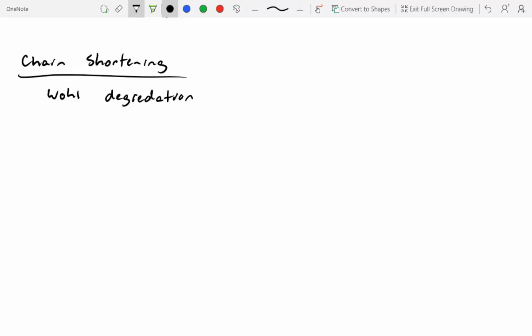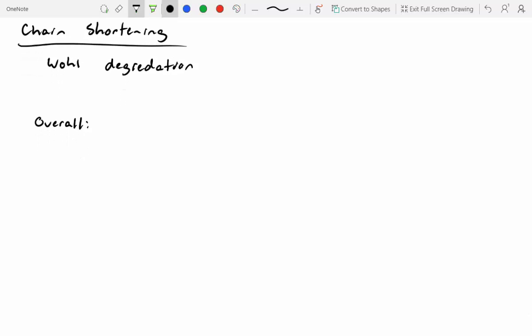Again, it's not a common reaction. You really don't see it that often in synthesis. But what you do is you can take something like the aldehyde we just made. Oops, this should be a hydrogen.